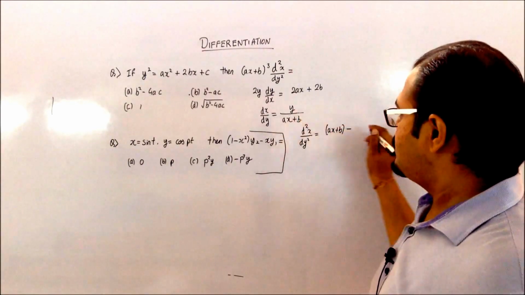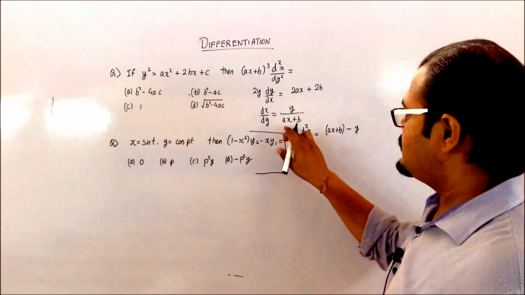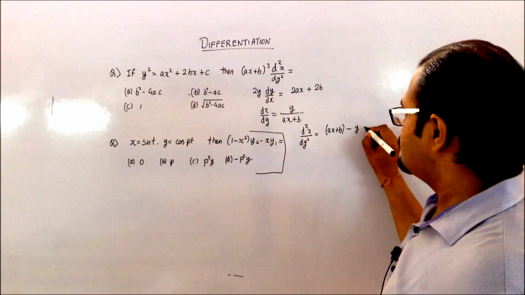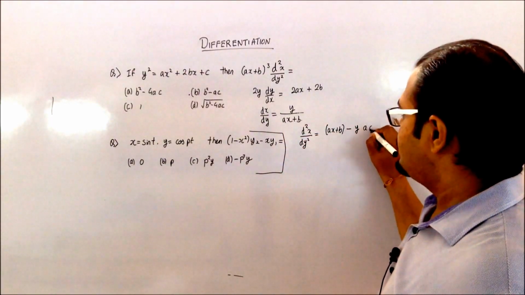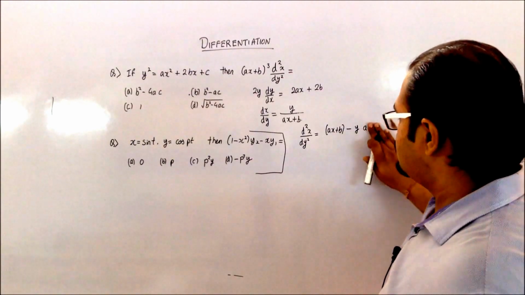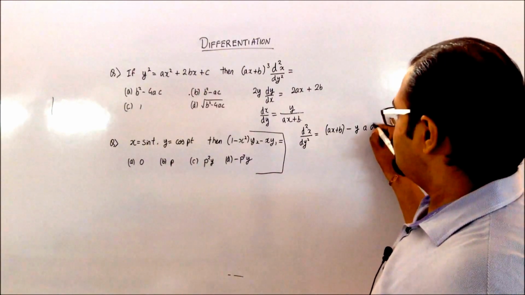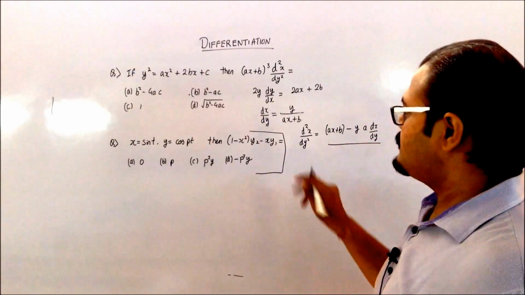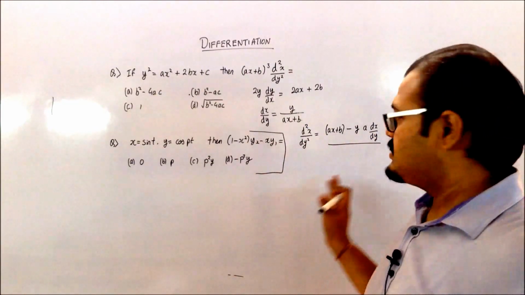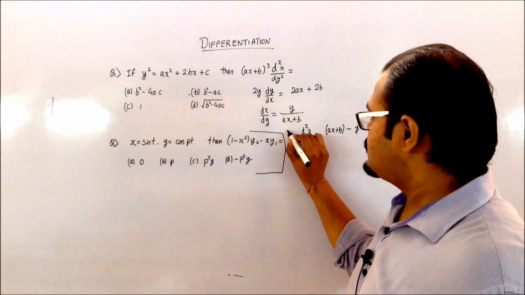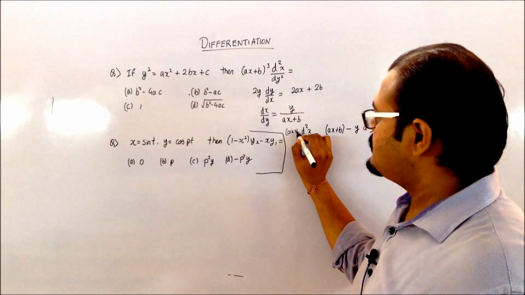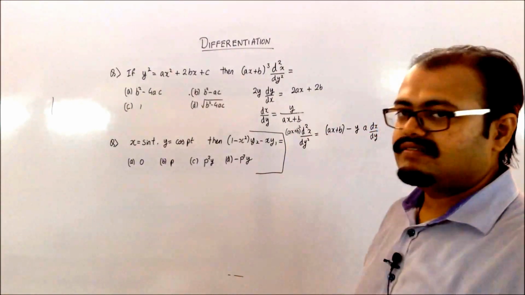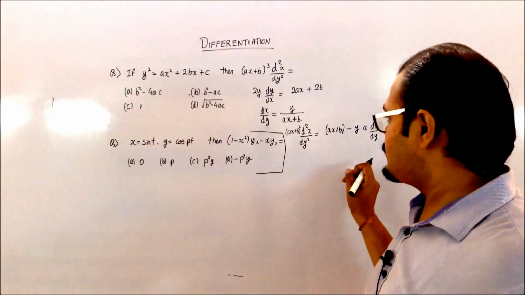minus y into derivative of ax plus b. So that is going to be a, derivative of x with respect to y. This thing is divided by ax plus b the whole square. We can take that thing over here. So it is ax plus b the whole square with my double derivative term.